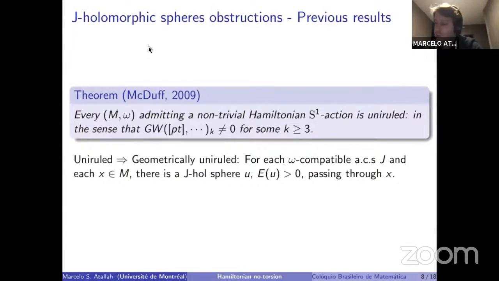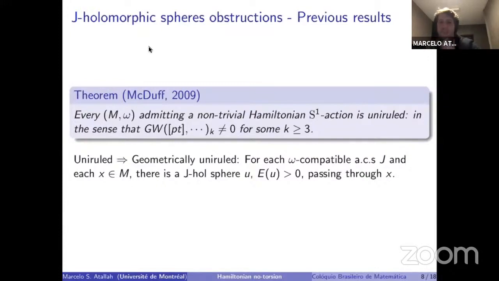And being uniruled in that sense implies geometric uniruledness, in the sense that for each omega-compatible almost complex structure and each point on the manifold, you have a non-constant J-holomorphic sphere passing through that point.